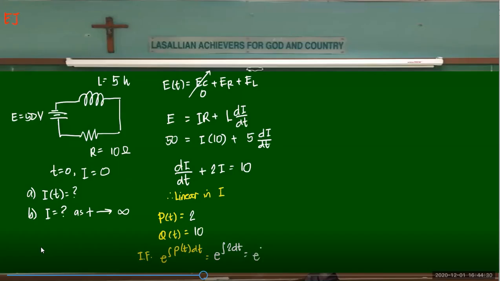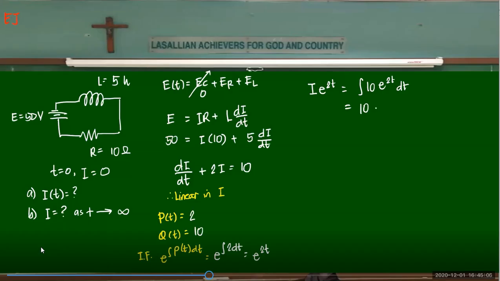Therefore, the integrating factor is e to the integral of 2 dt, so e to the 2t. So our working equation would be I times e to the 2t equals the integral of 10 e to the 2t dt.